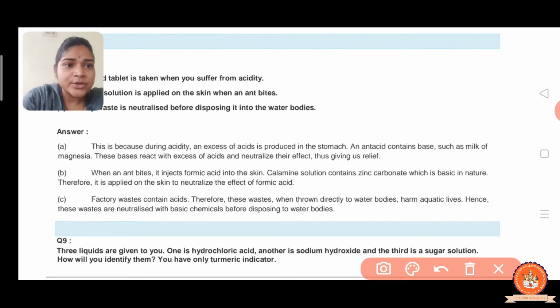Calamine solution contains zinc carbonate, which is basic in nature. Therefore it is applied on the skin to neutralize the effect of formic acid, right? When you apply the basic solution onto our skin, the acidic nature is neutralized by the basic solution.